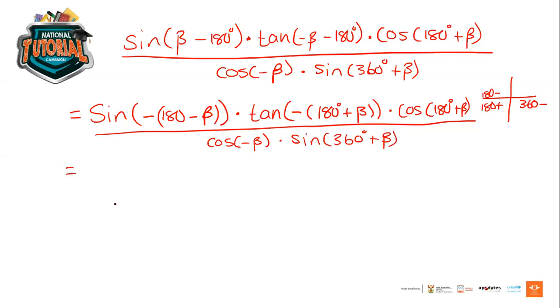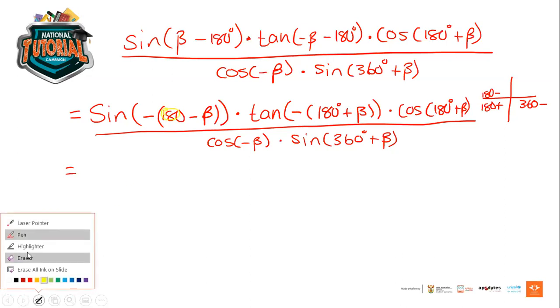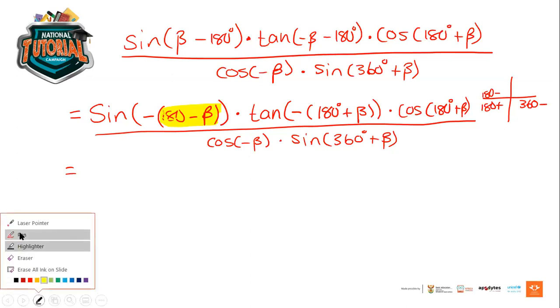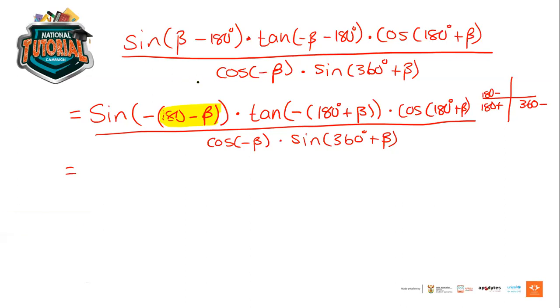Now that our angles are all looking good, let's start at the top. Sine of negative something. We're going to treat this bracket as our angle. Sine of negative θ. Let's think about where we end up if we're doing negative.